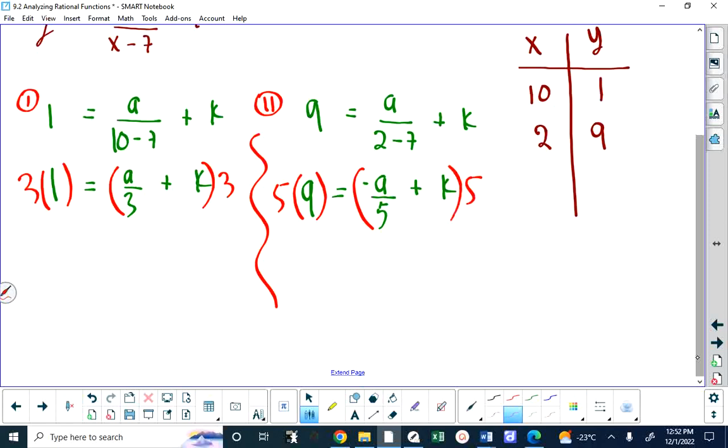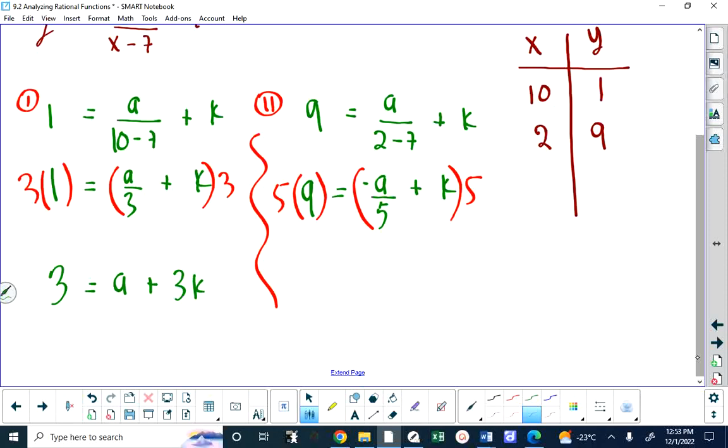And then we're slowly working towards something that resembles a Math 10 problem, really. I'm going to get here 3 is equal to a plus 3k. So 3 times 1 is 3. 3 times a over 3, the 3's cancel, and I'm left with a, and then 3 times k.